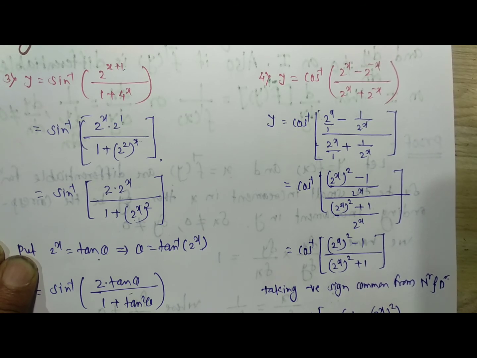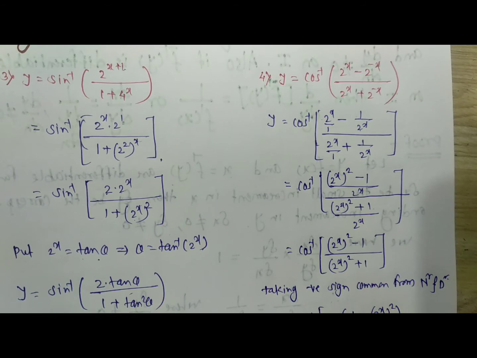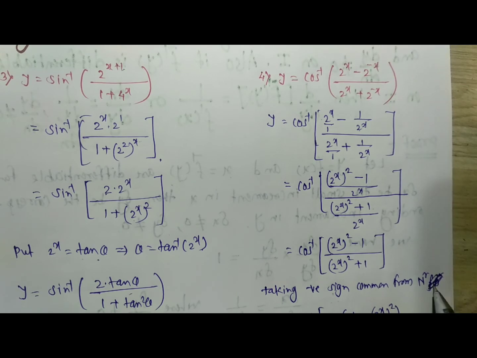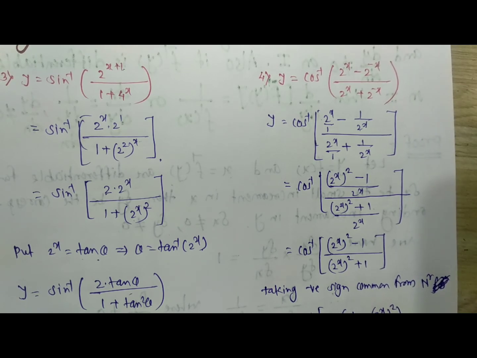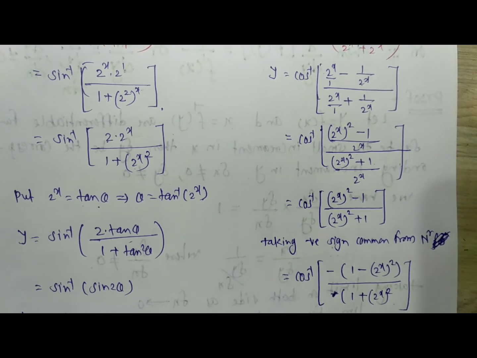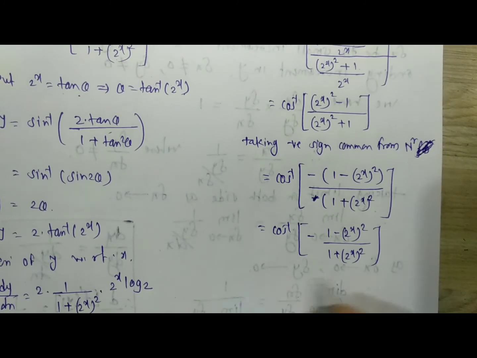Here you have to take only the numerator, and you will get 1 plus 2 raised to x square is here, and now it becomes cos inverse inside the bracket minus 1 minus 2 raised to x square divided by 1 plus 2 raised to x square is here.